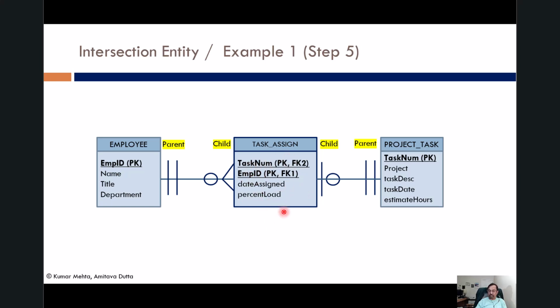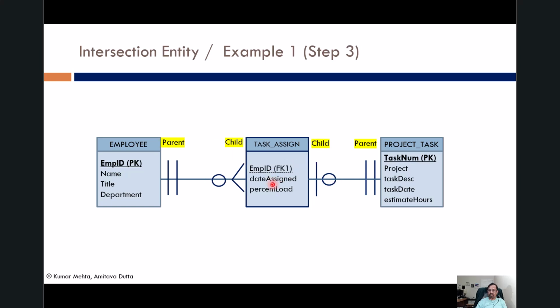Now notice one thing. A few minutes back, I had argued that employee ID could be null because you could have an employee who has not been assigned any task, because the minimum is 0. Similarly, you could have a project task that has not been assigned to any employee yet. The minimum cardinality is 0. So I had said that employee ID and task number in the 2 foreign keys could be null when I specified the attribute domains.